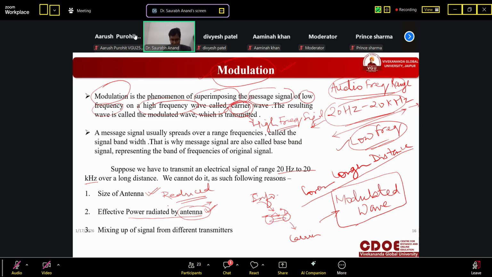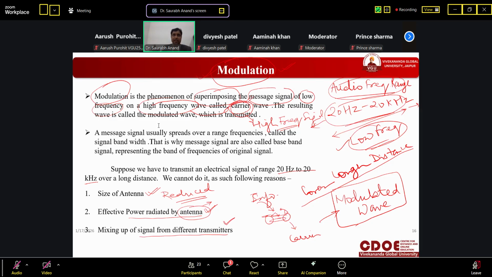So this is the second reason. The next is mixing up of signals from different transmitters. As I told you earlier, every signal is of a different frequency. Suppose I am one transmitter, the second is the second transmitter, the third is the third transmitter. Every transmitter is allotted a particular frequency. So if we want to send all the signals through a single medium only, then we can mix them and they will not interfere with each other due to different frequencies.